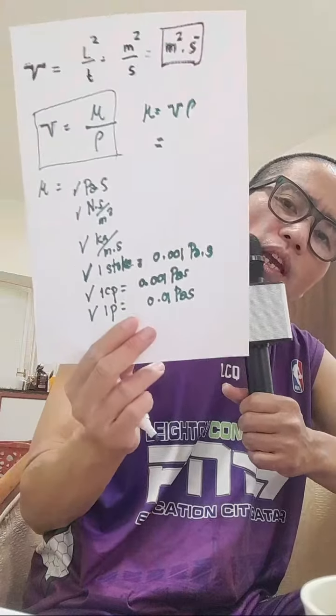So substitute the kinematic viscosity. Mu is equal to kinematic viscosity times density. For example, our viscosity here is 2 kilogram per meter second.